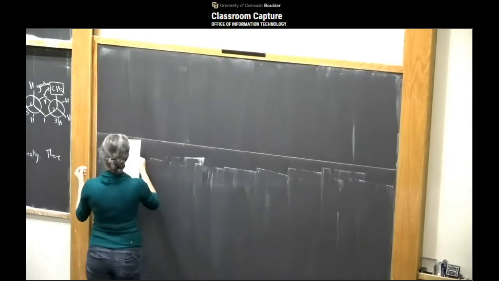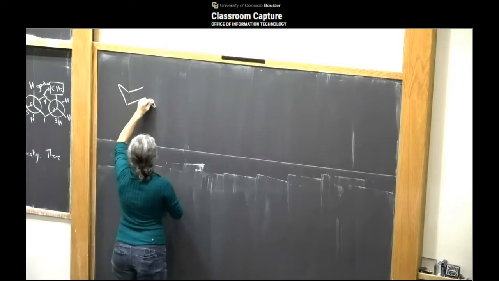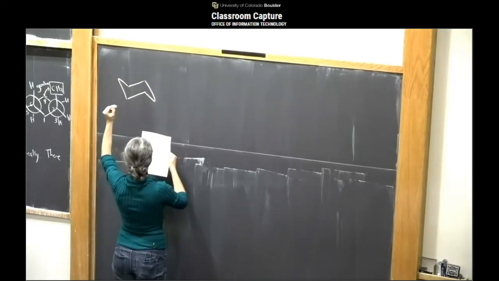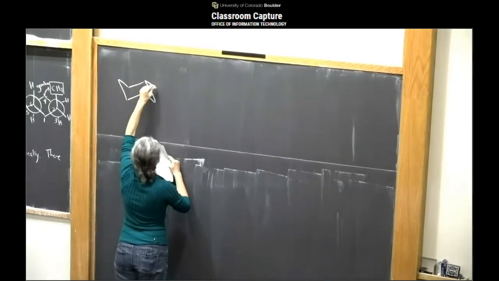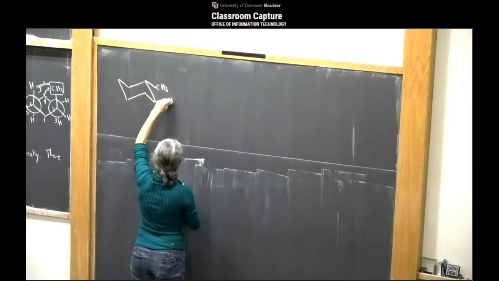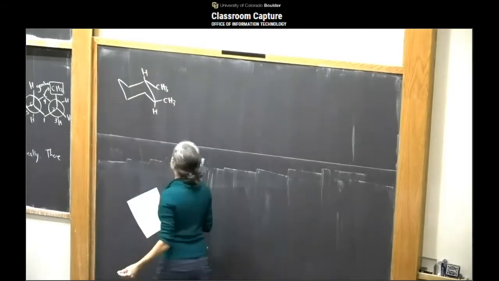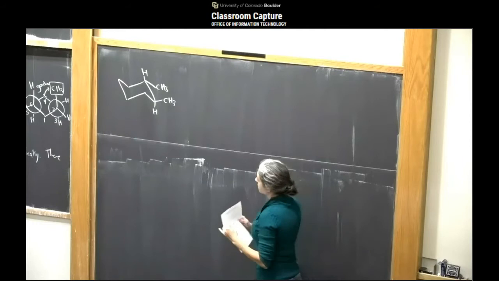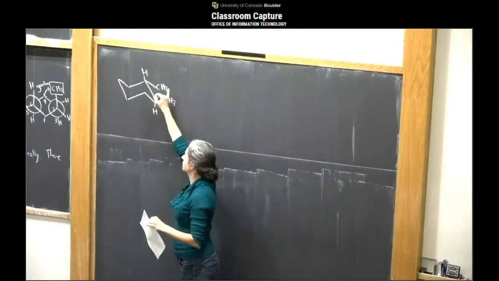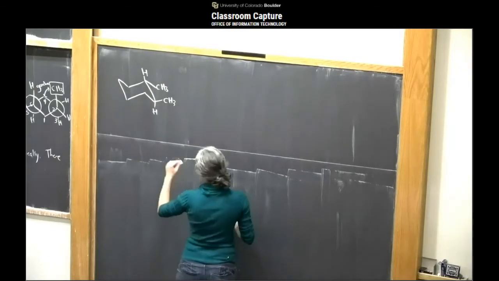So for example, if you have methyl that's down equatorial there and up equatorial here, neither of them is axial, so neither of them is having a gauche interaction with any part of the ring.